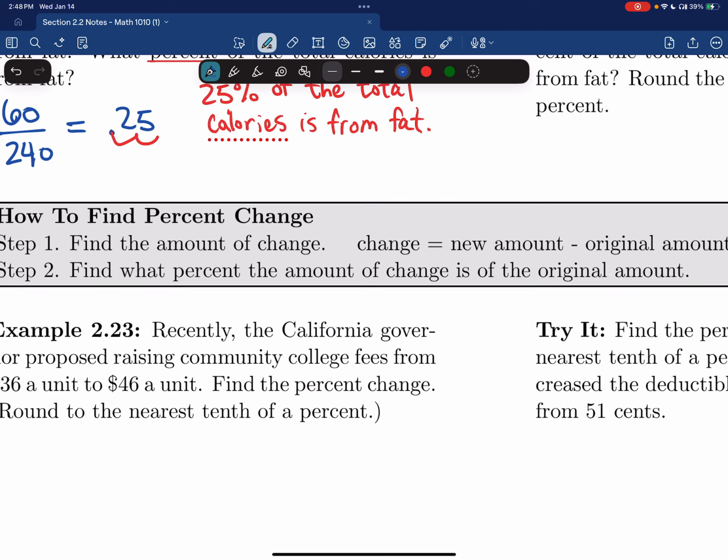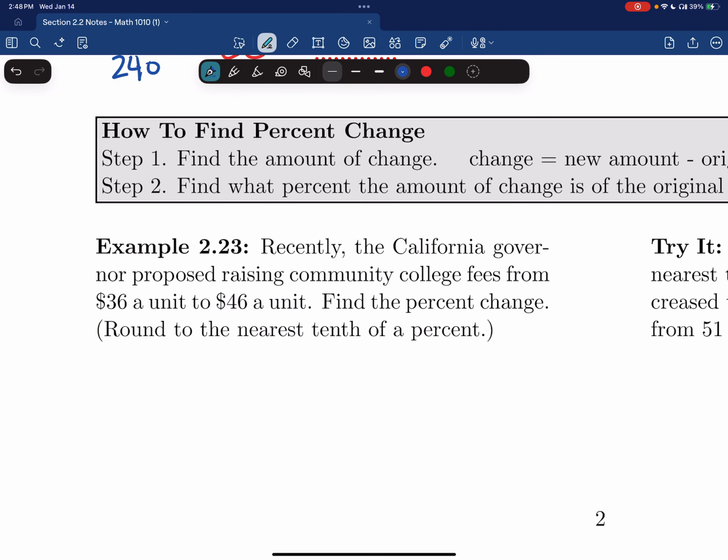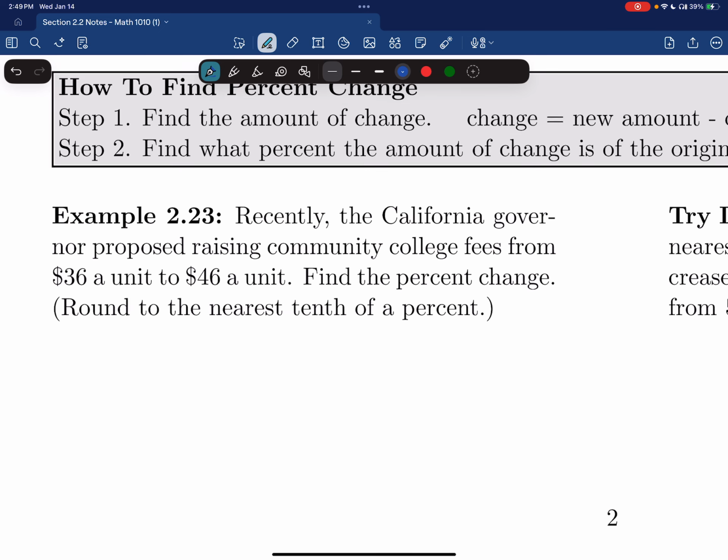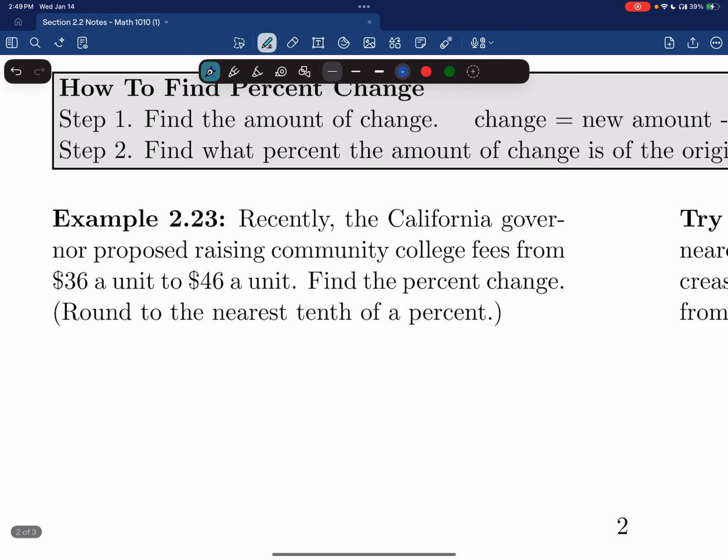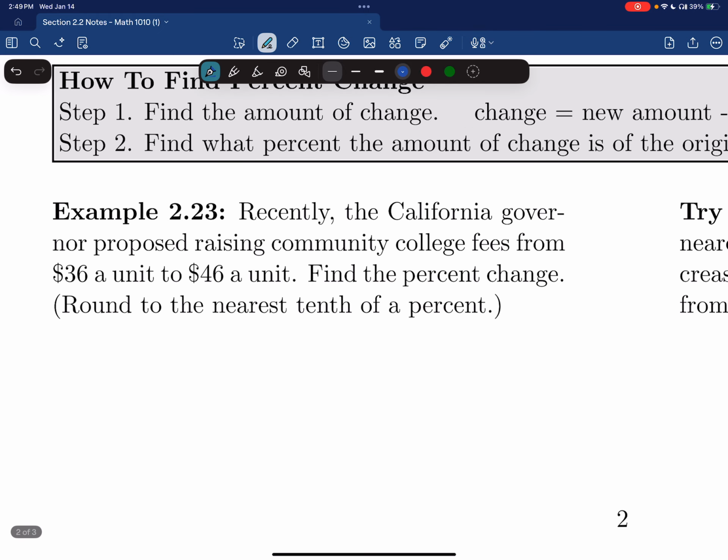So example 2.23 says, recently the California governor proposed raising community college fees from $36 a unit to $46 a unit. Find the percent change and round to the nearest tenth of a percent in your answer. So step 1 is to find the amount of change.